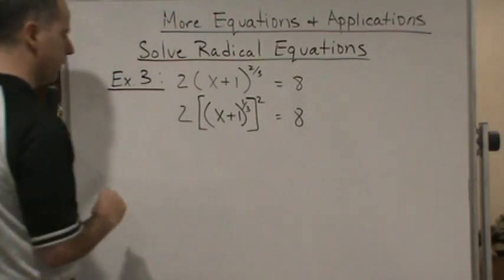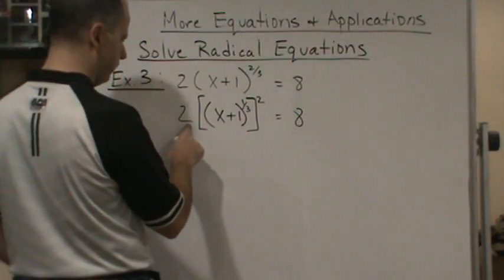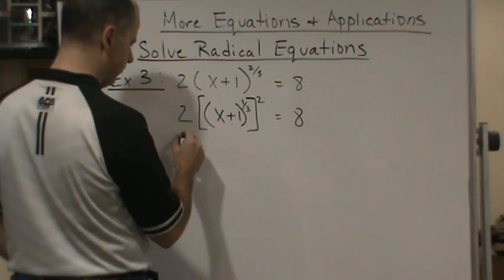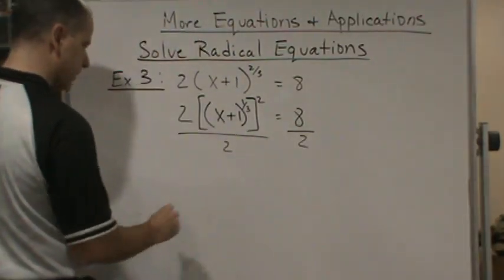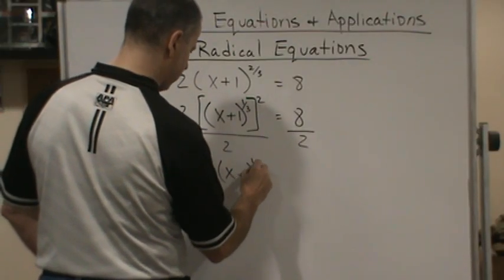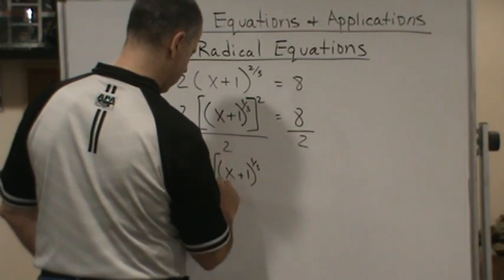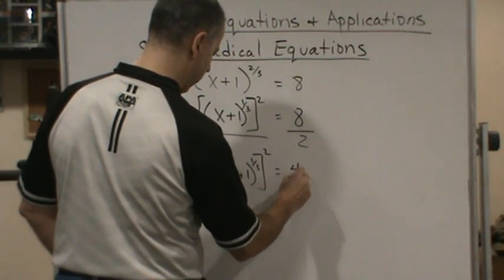You'll see why I did that. If I divide both sides by 2, I get x plus 1 to the 1/3 power raised to the second power is equal to 4.